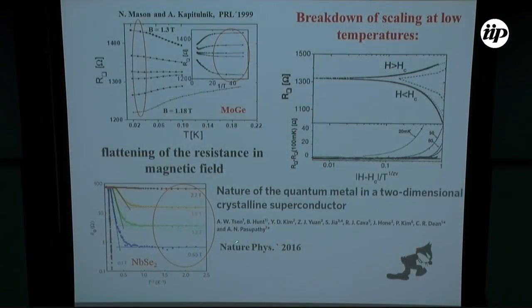This is a recent paper on niobium-selenium-2, and you see a saturation of the resistance at low temperatures, whose origin is under discussion. This is what is called some sort of quantum metal state. And this is actually the central point which I try to discuss and bring to your attention.